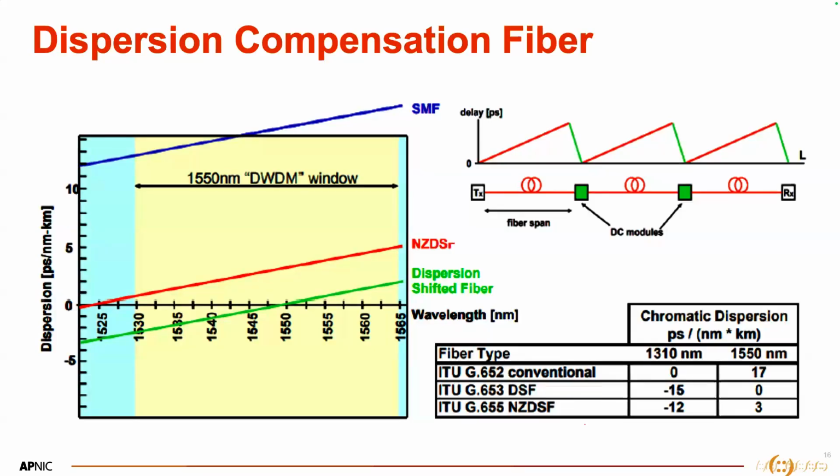So if you ask your fiber vendor or transmission provider what ITU standard fiber they have provided you in the long haul to carry your DWDM traffic, they are supposed to get back to you on that, and in that way you will know what type of fiber they are providing to you.